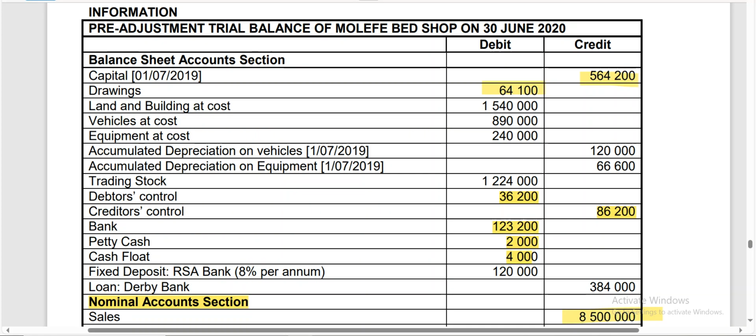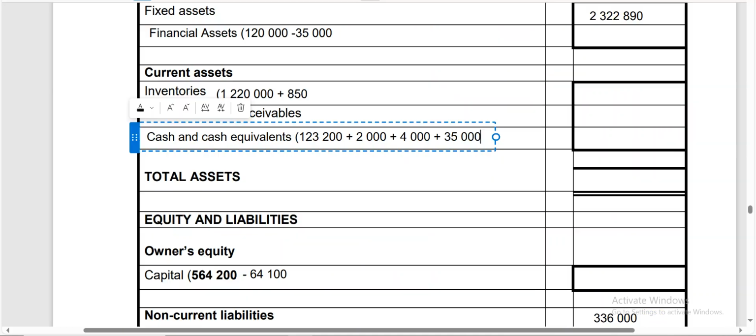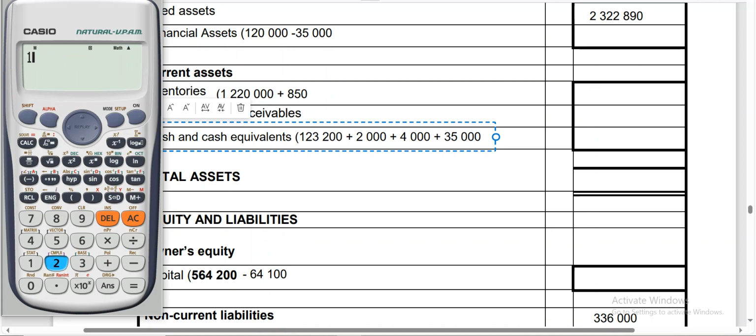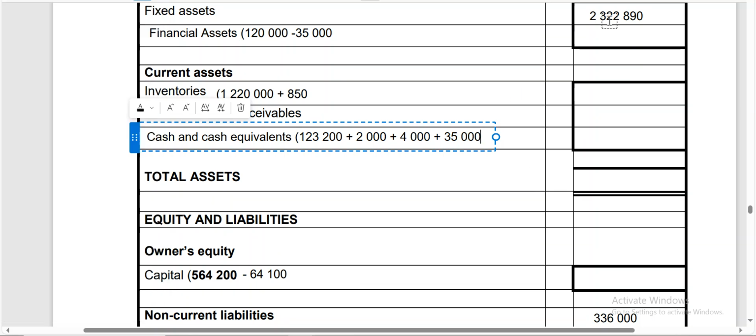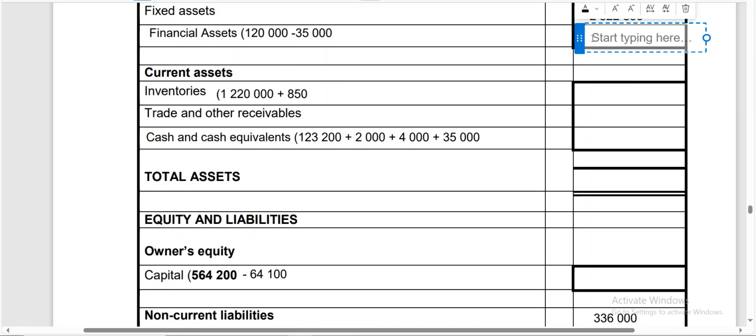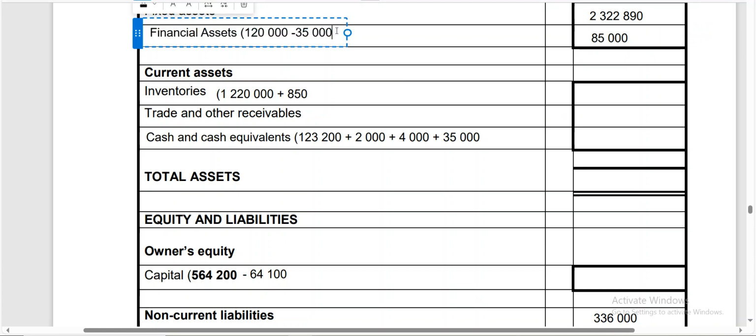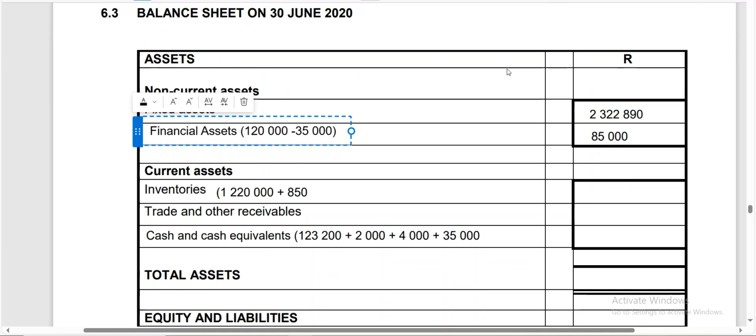Okay, then from there, let's just finalize this fixed deposit. 120,000 minus 35,000 is giving us 85,000. So that 85,000 will come here, and then already, as you can see here, we almost have the total of our fixed assets, non-current assets.